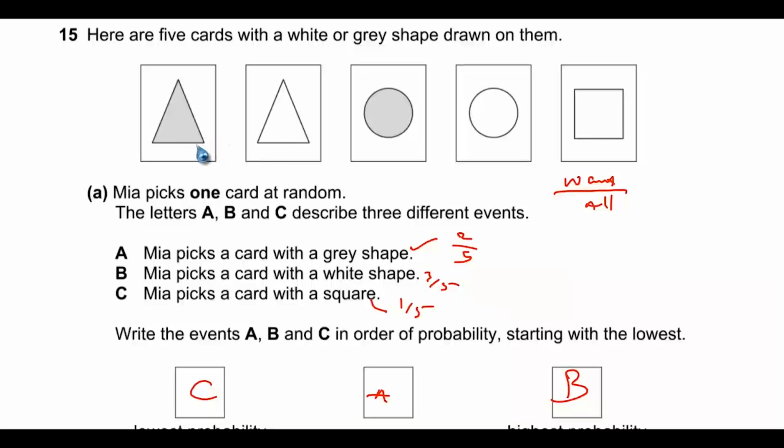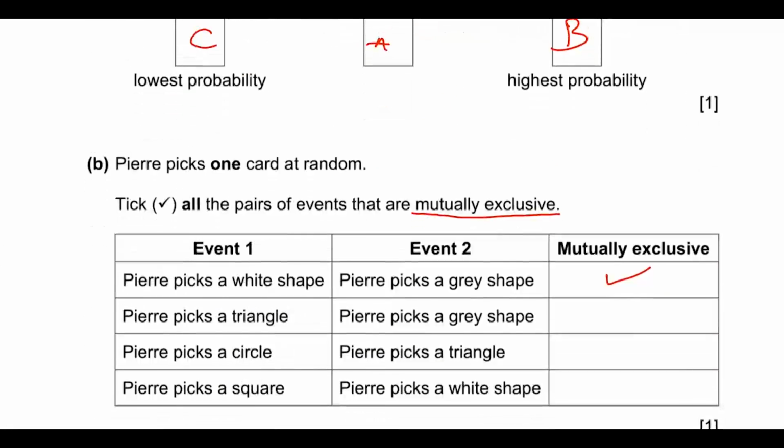So these two can happen at the same time, because the triangle could as well be gray. So the two can occur at the same time, and they are not mutually exclusive.